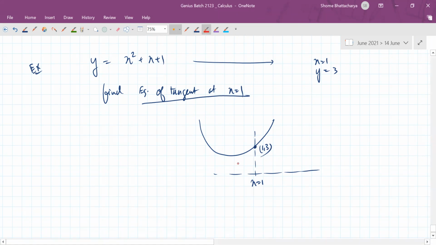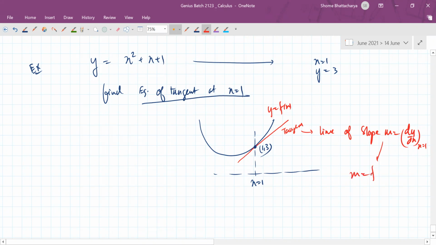Now I want to draw a tangent line at this point. So the tangent line is passing through this point, but it has a slope of how much? So this tangent will be a line of slope m equal to the value of dy by dx for the function at x equal to 1. So that means the slope of the tangent will be equal to f prime x at x equal to 1.